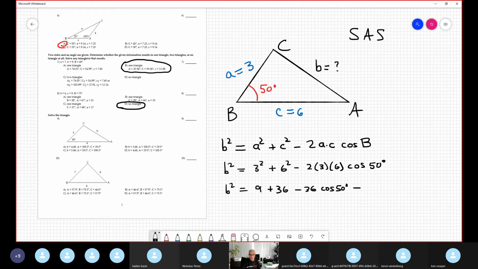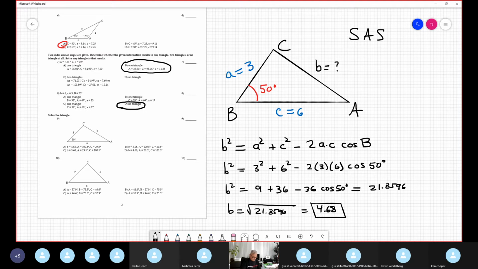We put it all together in the calculator, and the answer for b squared is 21.8596. By the way, I don't need to copy this onto the piece of paper, because to find b, you immediately take the square root of this. I never copy that. And the answer is 4.68.